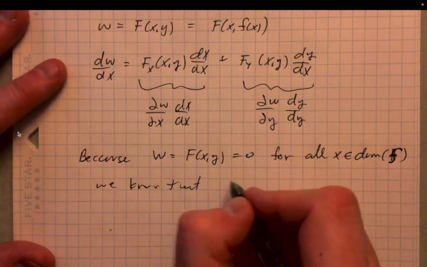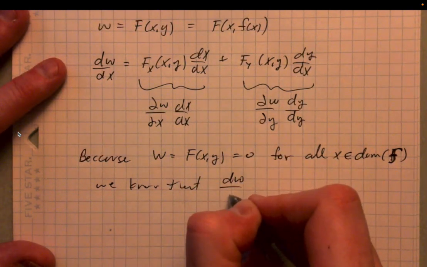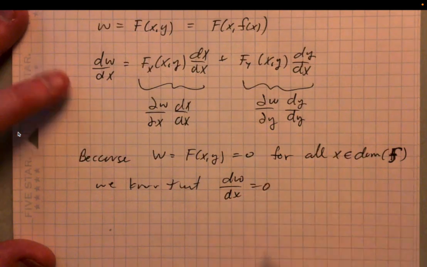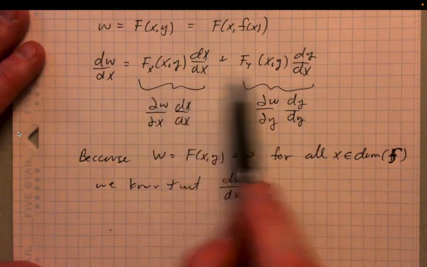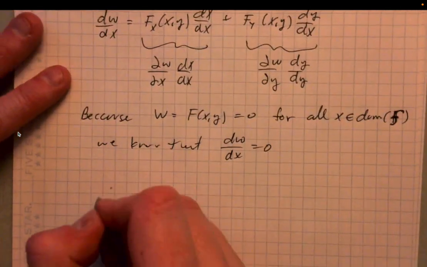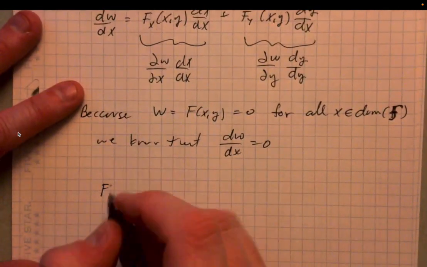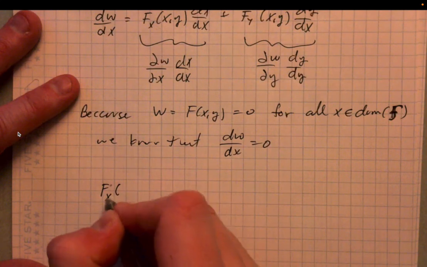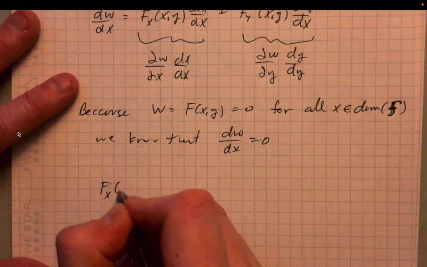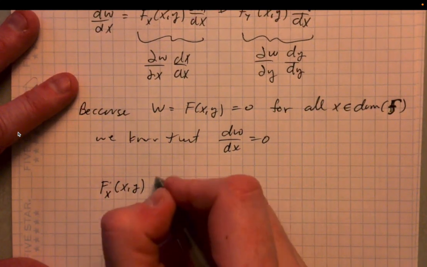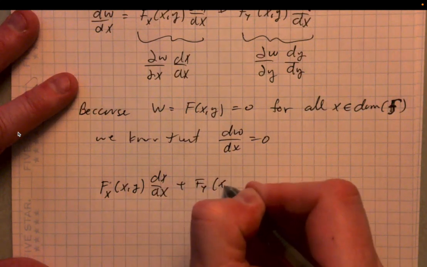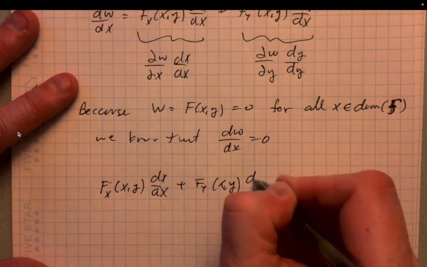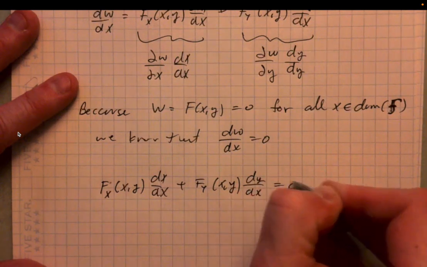We know therefore that dw/dx is equal to 0. And so what do we have here? This can be rewritten as, well, first let's just set this up: the partial of F with respect to x times dx/dx plus the partial of F with respect to y times dy/dx. That equals 0.